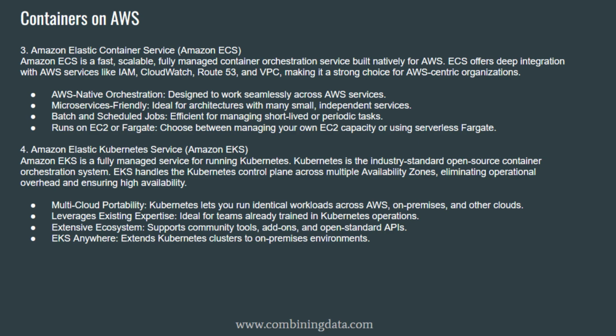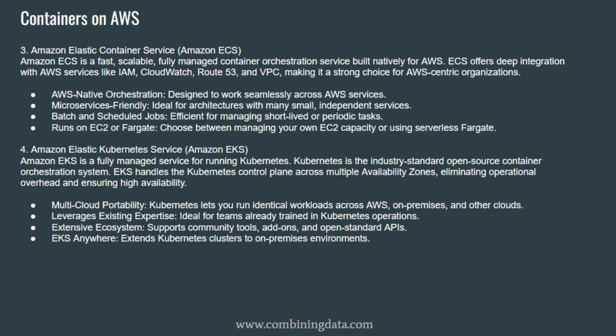Kubernetes portability across clouds, existing Kubernetes expertise, complex, multi-cloud, or hybrid strategies. EKS can run on EC2, more control. On Fargate, less operational overhead. Exam tip: if the question mentions Kubernetes, pods, clusters, or multi-cloud portability, the answer is Amazon EKS.